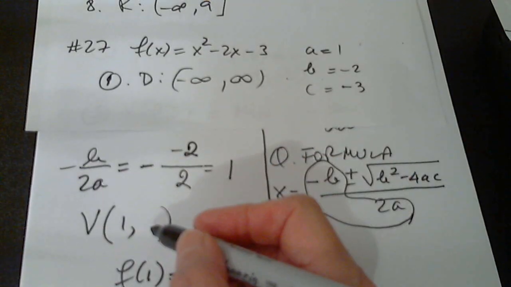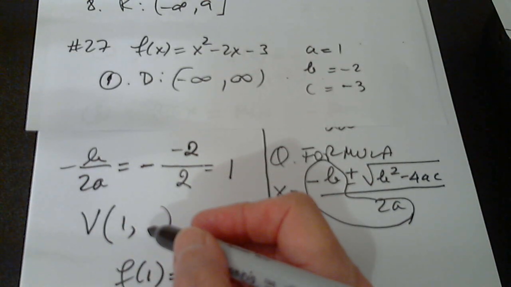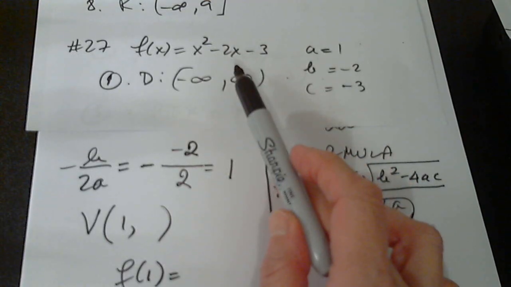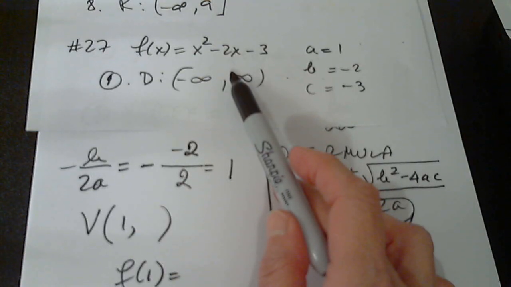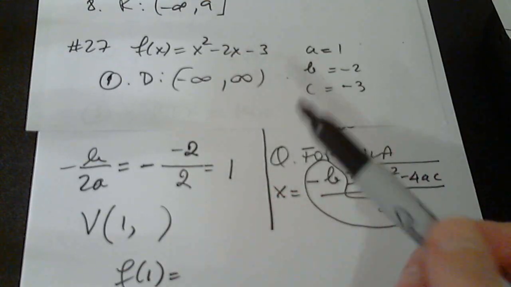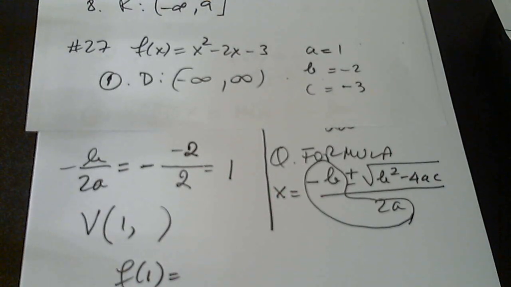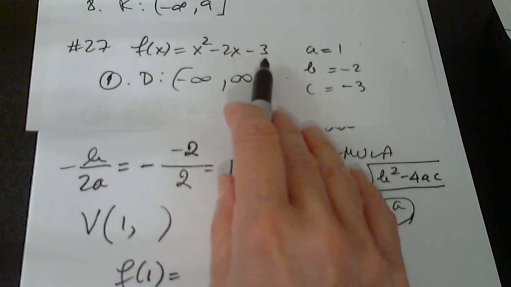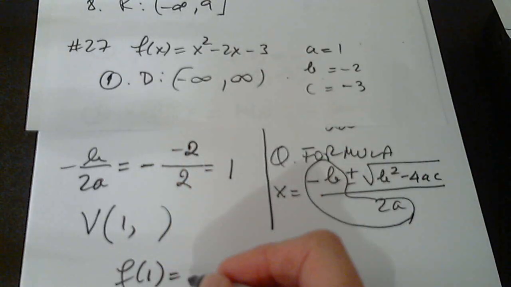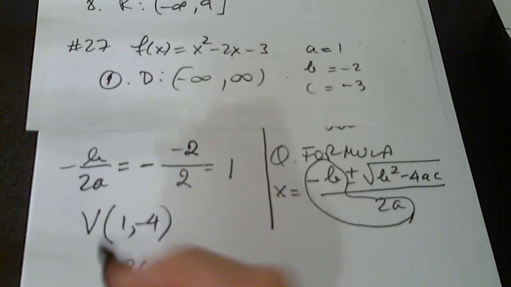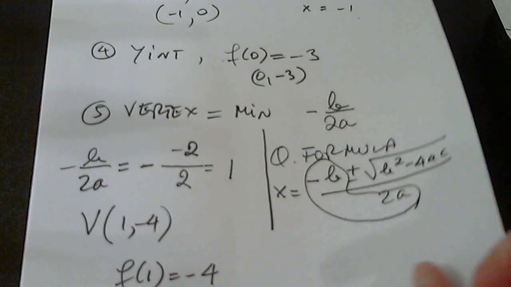How much is f of 1? So we have 1 minus 2 minus 3, right? Negative 5 plus 1. Negative 4. Good. So the vertex is (1, -4).